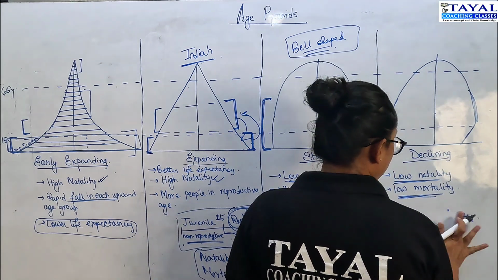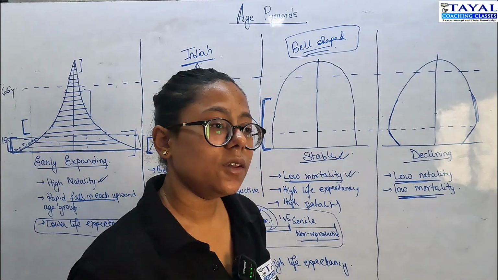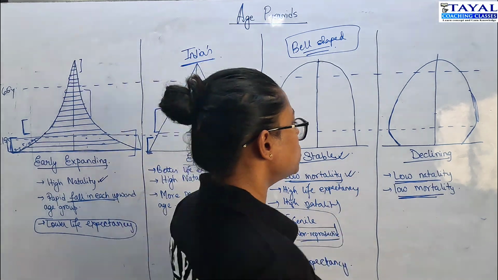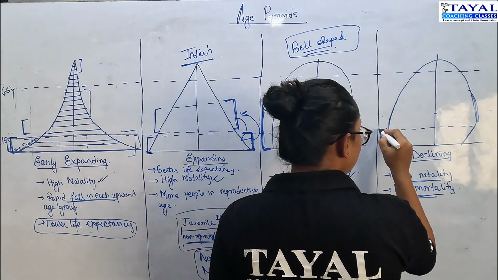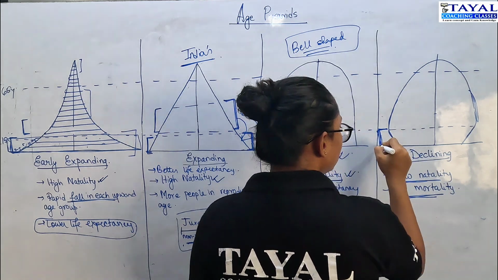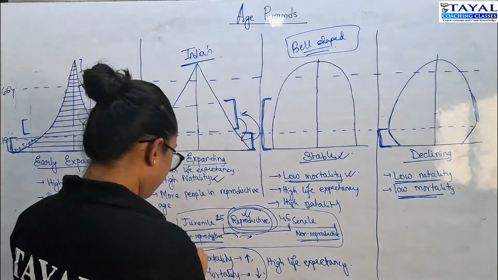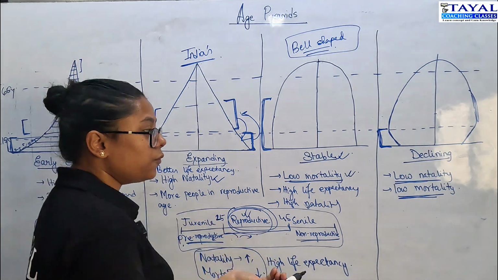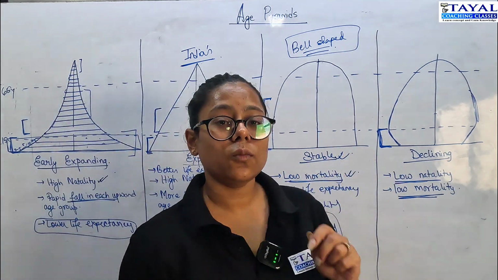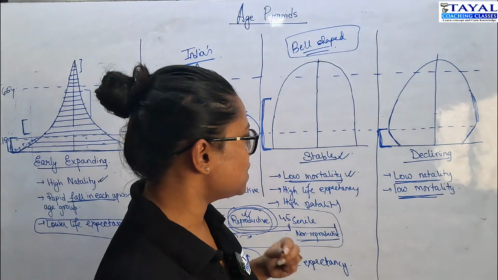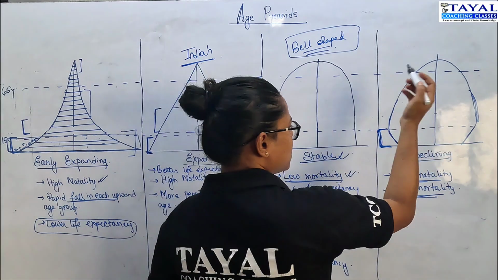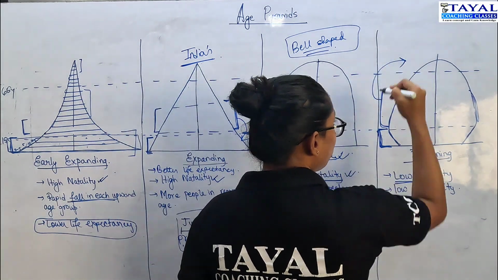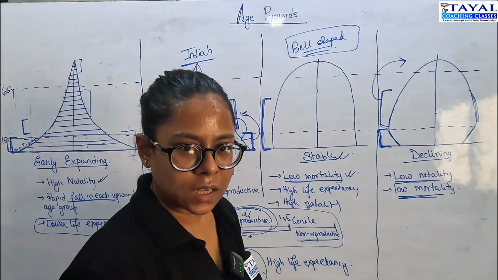In that case, if there is low natality followed by low mortality, then what will happen? Gradually there will be fewer people in the pre-reproductive zone, right? If you have fewer people in the pre-reproductive zone, what it signifies is that within the next 10-20 years, this population is going to become non-reproductive, right?